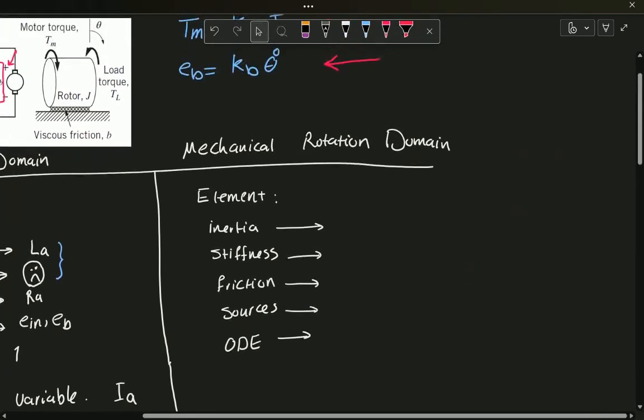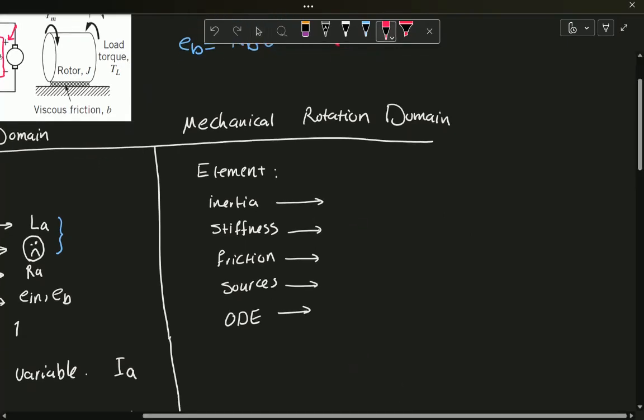What I'm going to do is go after the inertia first. Inertia is the inertia of the motor, the rotor. We have it as J here. Stiffness in mechanical systems are springs. I'm not considering any stiffness in this problem. Friction comes from the bearings. I assume that there is a viscous friction here.